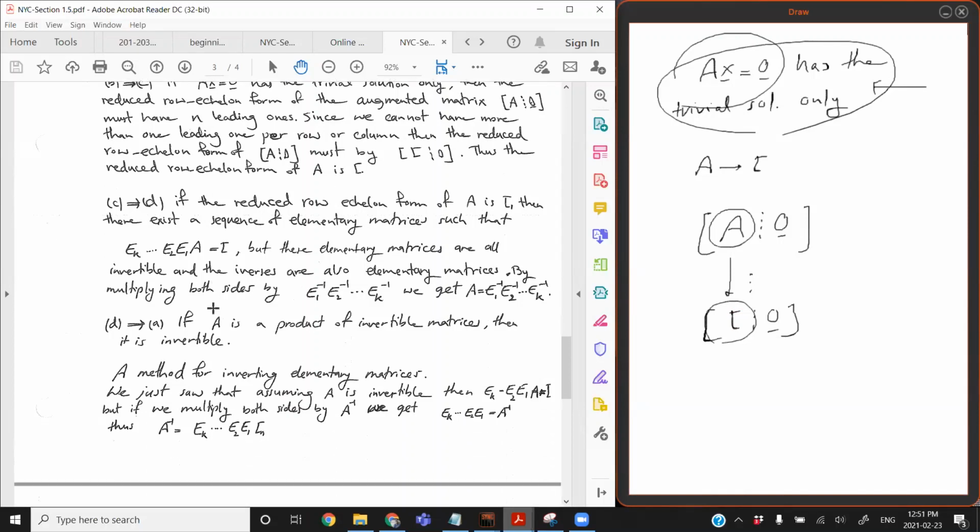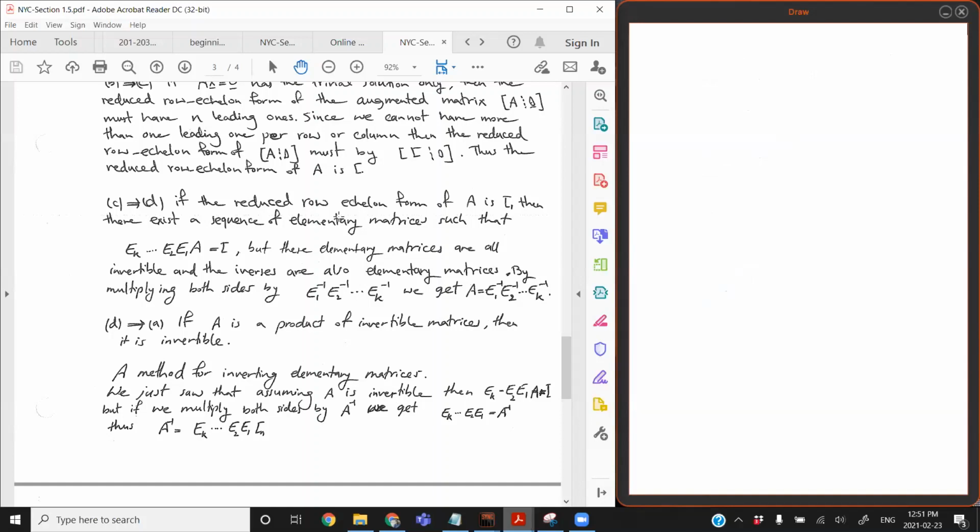From C to D. So if the reduced row echelon form of A is I, how can we write A as a product of elementary matrices? Here we're assuming that we have C, we want to prove D. So what do we assume?